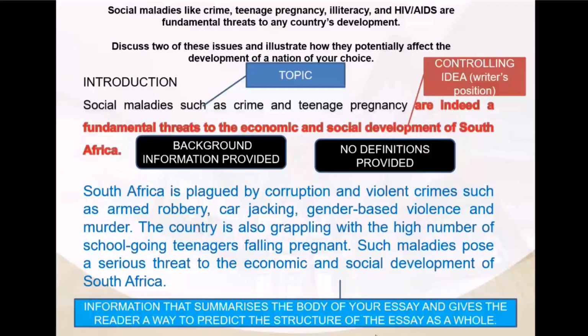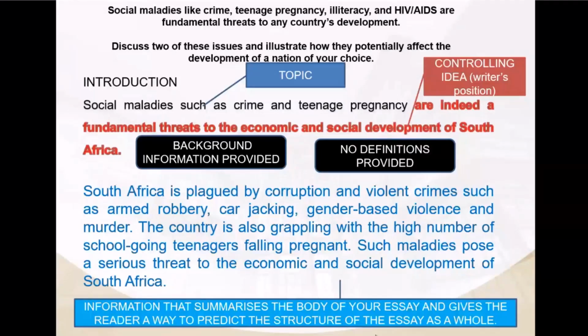The first sentence does mention crime and teenage pregnancy. So the two issues that the student is working on are crime and teenage pregnancy, and illustrate how they potentially affect the development of a nation of your choice, the nation of South Africa. And he's going to show how it affects that nation.